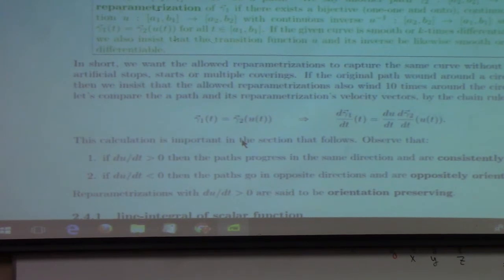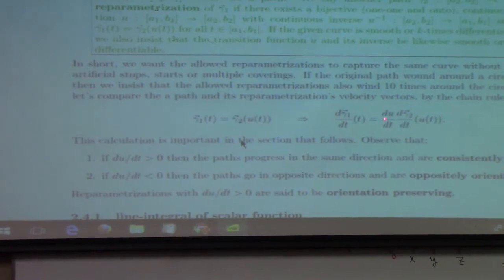If you think about the relation between the original path and a reparameterization of the path given like this, that means if we differentiate this, then the velocity of the original path is related to the velocity of the reparameterized path times the derivative of the reparameterization map itself, this du dt. The du dt for us would have been like speed in our arc length discussion, because the u was actually s. Now there are different cases.